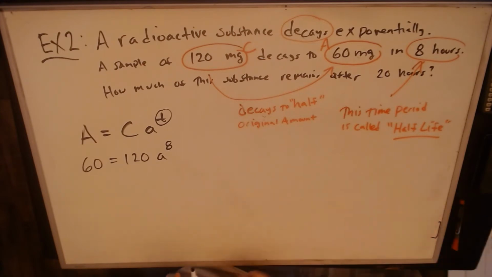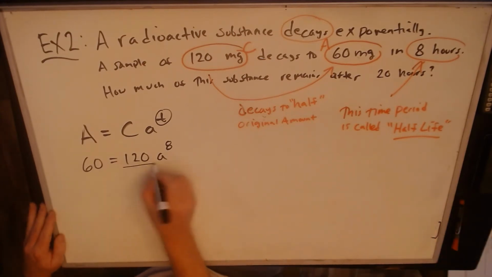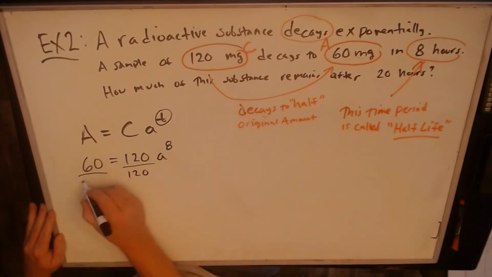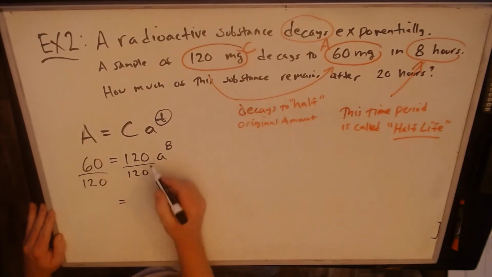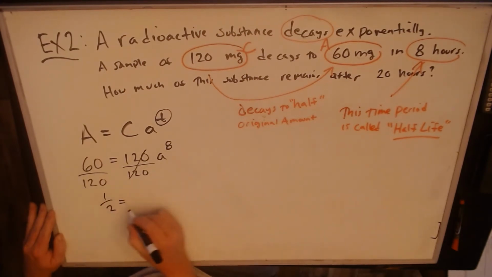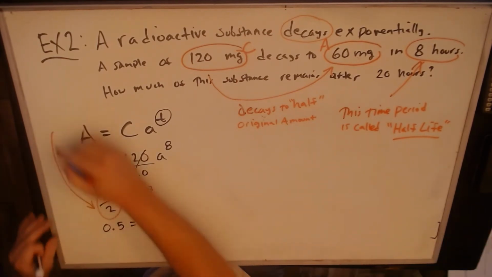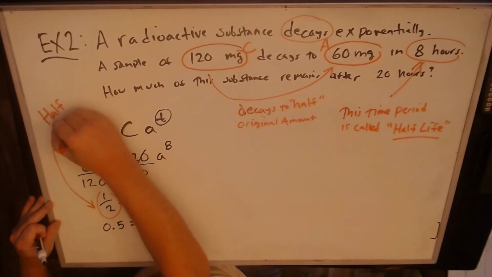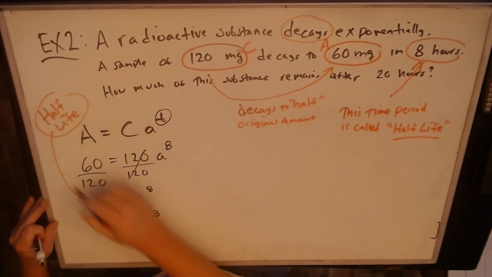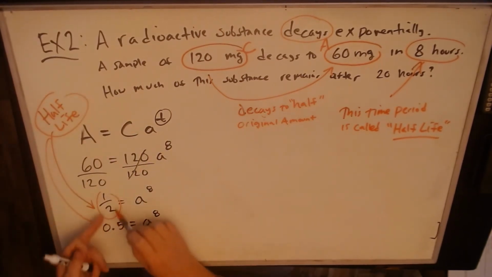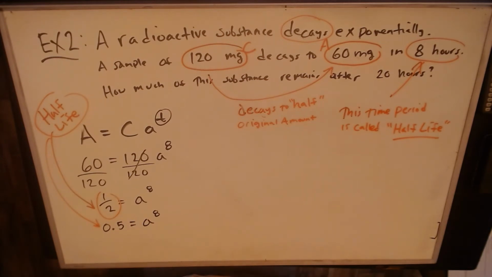And you will notice that the amount that you started with compared to the amount that you have is always going to come out to be 1/2 or 0.5. So this always happens with half-life. You can write it as 0.5 or you can write it as 1/2. It really doesn't matter.